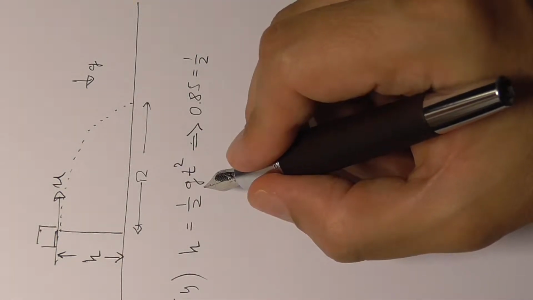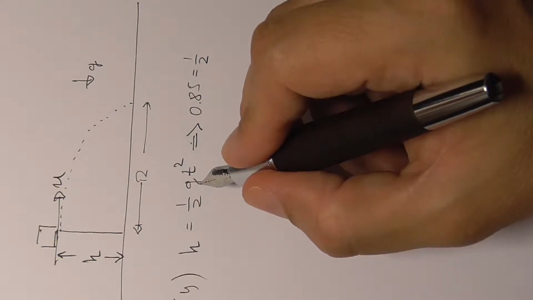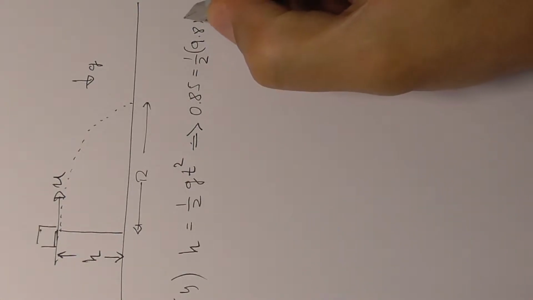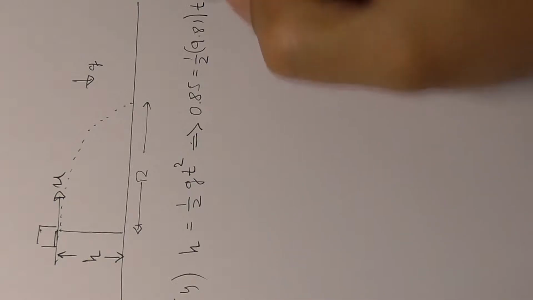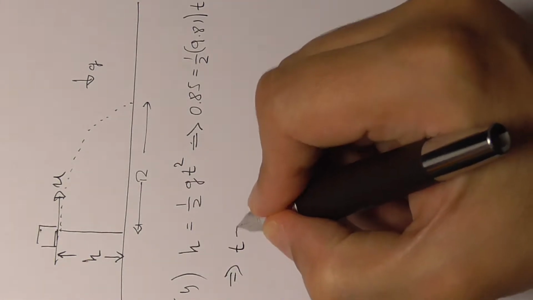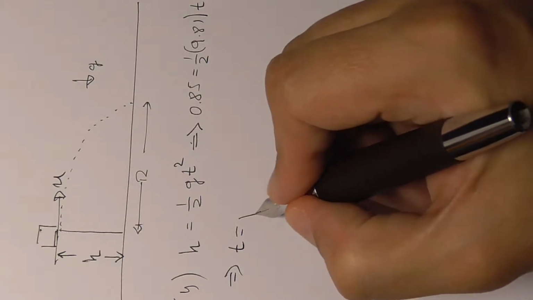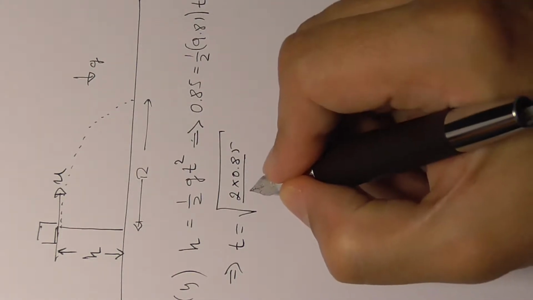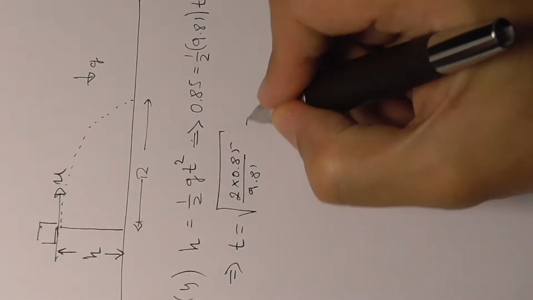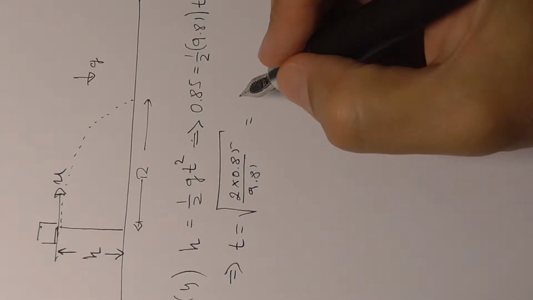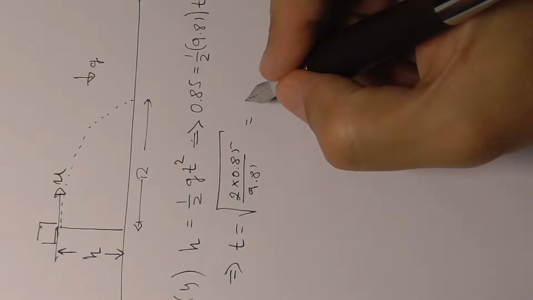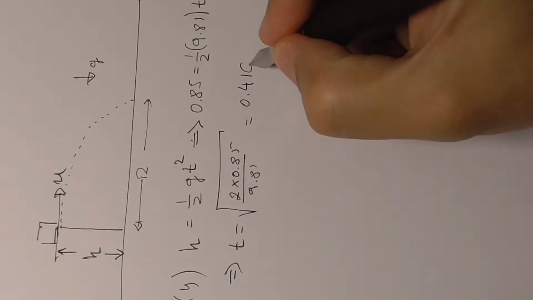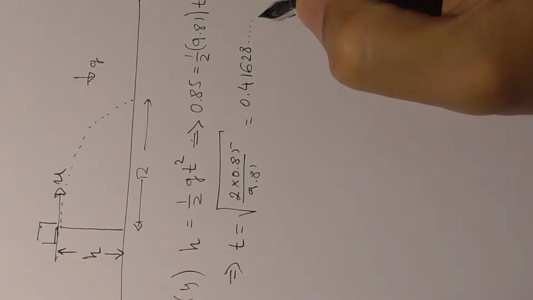Now for g, I'm not given any other value, 10 for example, so I have to use 9.81, which is actually taken from the data booklet, and t squared. So I will solve for t, and t is the square root of 2 times 0.85 divided by g, which is 9.81. And I can do this with my calculator, and what I will get is something like 0.41628, etc.